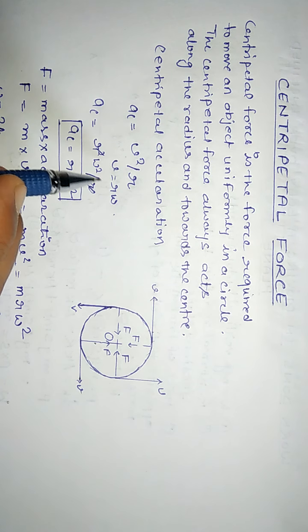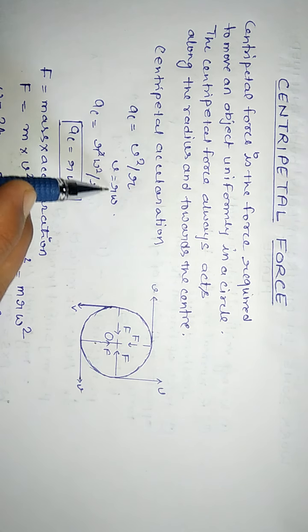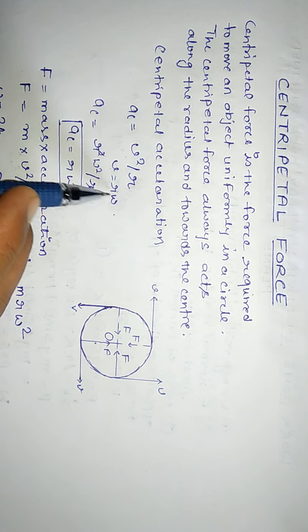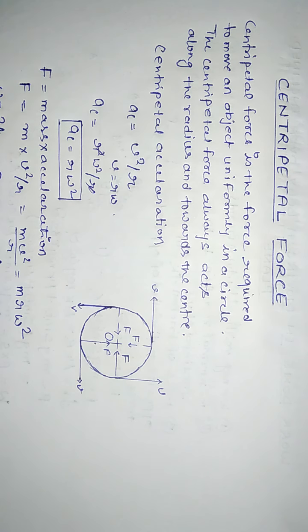But we know that v = Rω. Here R is the radius of this circular path and ω is the angular speed. So on substituting v = Rω here, we get a_c = Rω². So this is the value of centripetal acceleration.